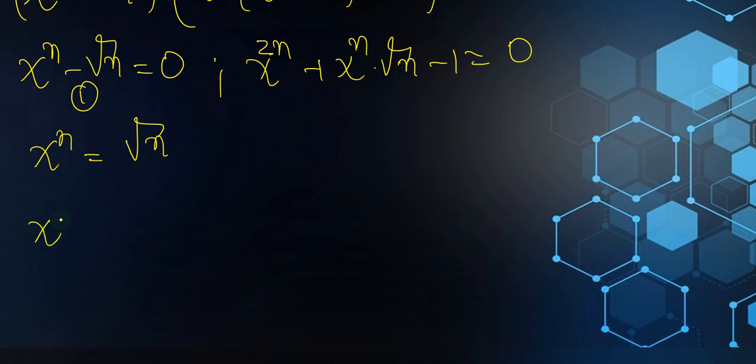So we raise to the power of 1 over n: x to the n times 1 over n, and the square root of n to the power of 1 over n. So we get all to the power of 1 over n, and this cancels with this.